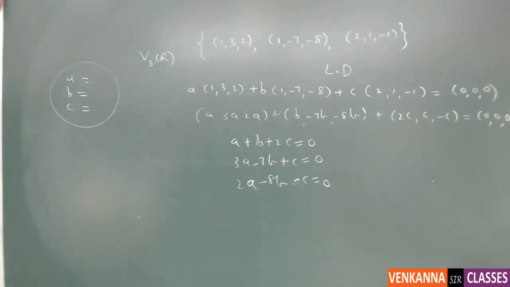So solving the above equations, I can find non-zero values for A, B, C. In other words, I can allocate non-zero values for A, B, C so that all the three equations will get satisfied.